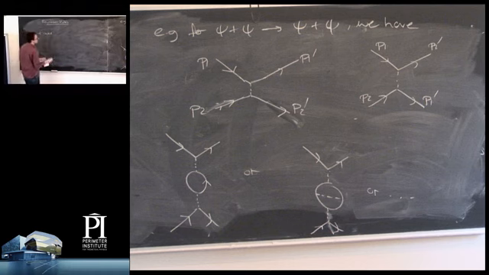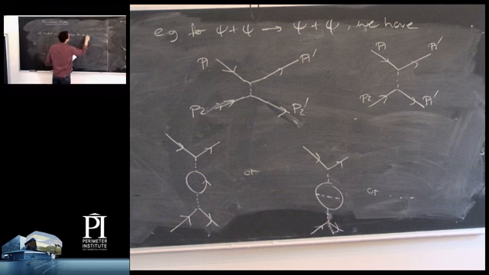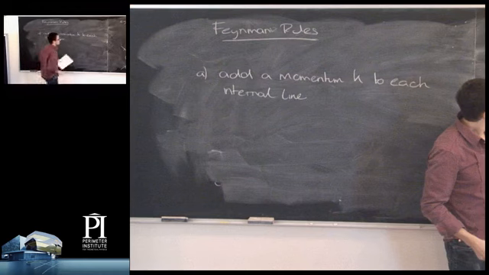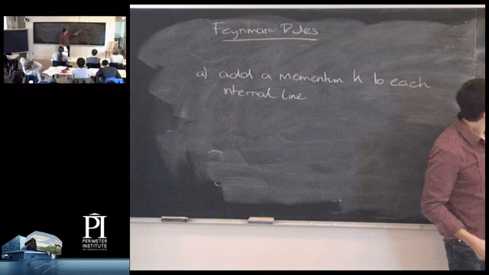Okay, here's the way you associate mathematical formulae to these. Add a 4-momentum k to each internal line. In these diagrams, there's only one internal line. It's this dotted one.